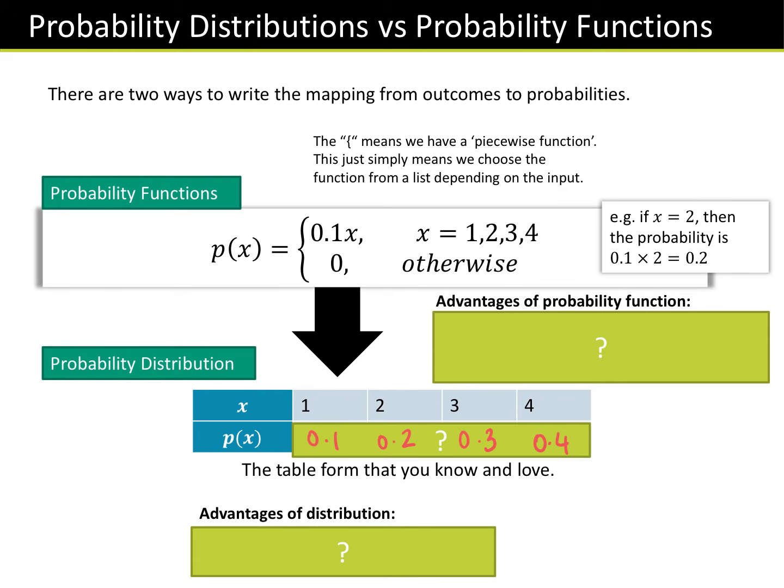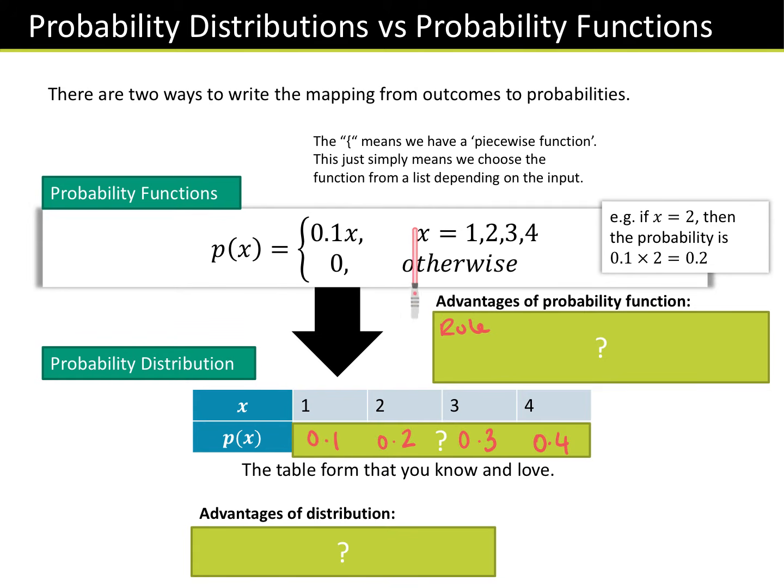As we know, probabilities should add up to 1, especially when we're looking at trials. The advantage of the probability function is that we have a rule, 0.1x, an expression based on the outcomes. This is going to be really useful in statistics when you look at continuous random variables, because it would be impossible to list all of the values.